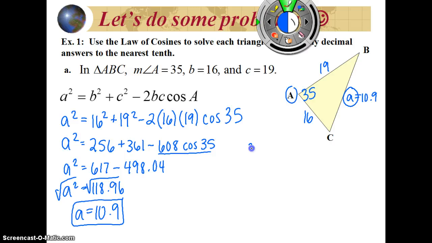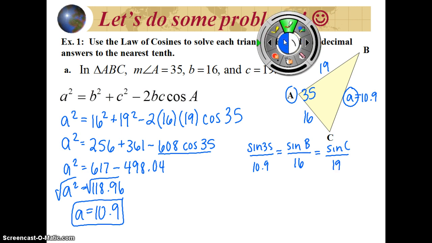So the law of sines says the sine of 35 over side a, which is 10.9, is equal to the sine of B over side b, which is 16, is equal to the sine of C over side c, which is 19. So now I have 3 different ratios that I can set equal to find missing information.